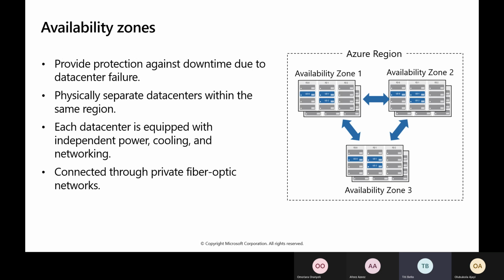Each data center in each region is actually running with independent resources, independent infrastructure in terms of power, cooling, networking, physical security, and what have you. And they are also interconnected with fiber optic. If we are familiar, maybe you know what they call dark fiber.